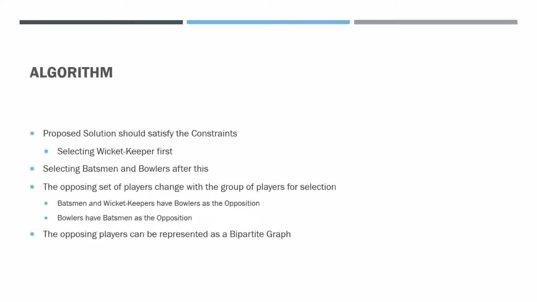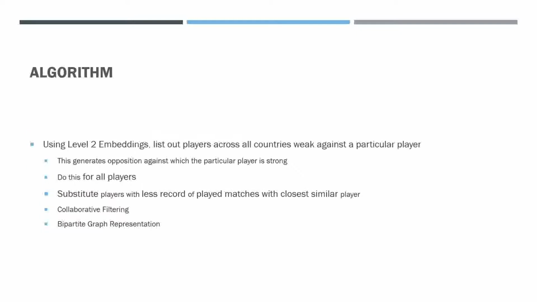So this problem can be represented in terms of a bipartite graph using level 2 embeddings, where we list out all the players against whom our opposition team players are weak, and we define a similarity metric. Let's say a player A in our opposition team is weak against a player B in some other team.